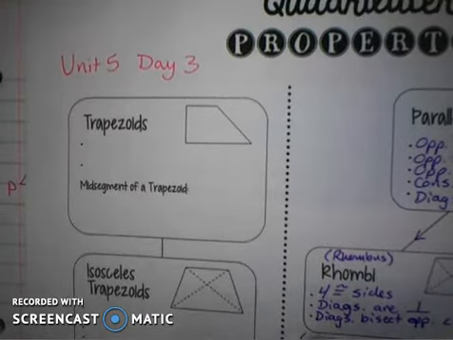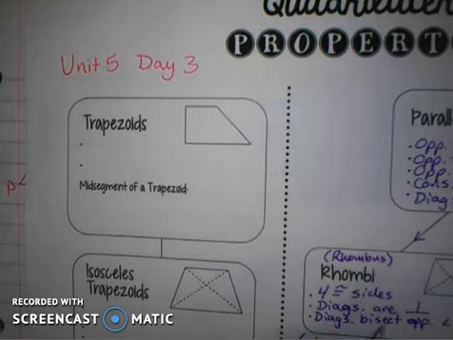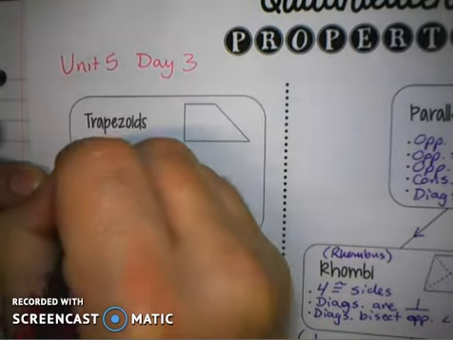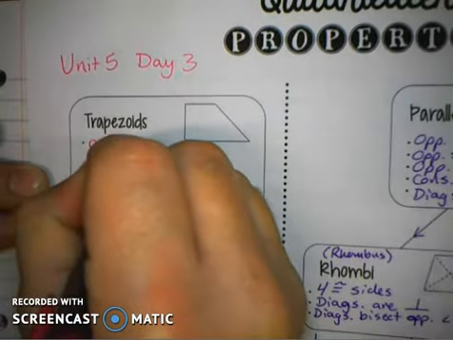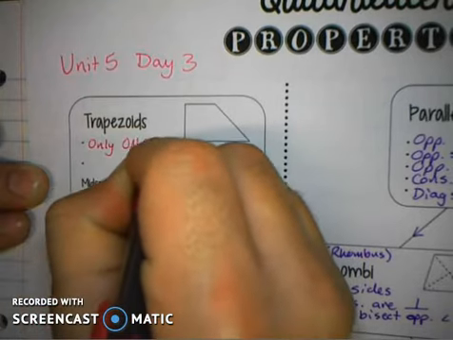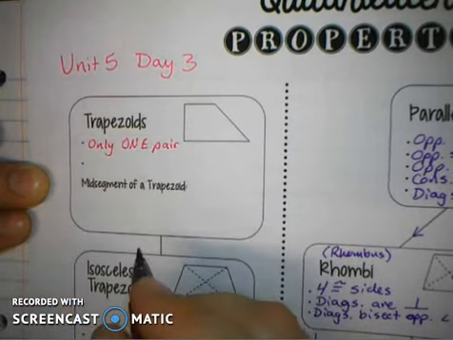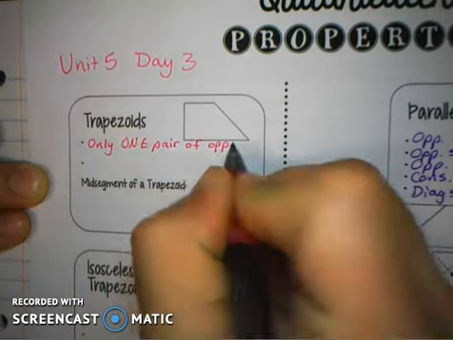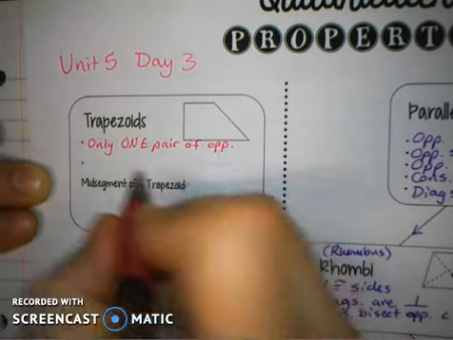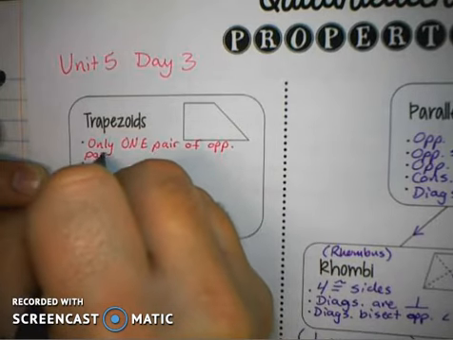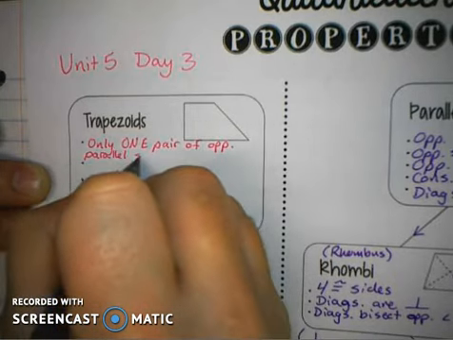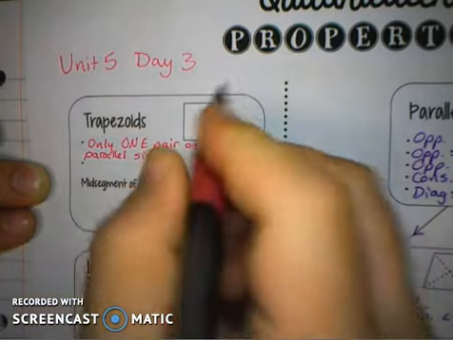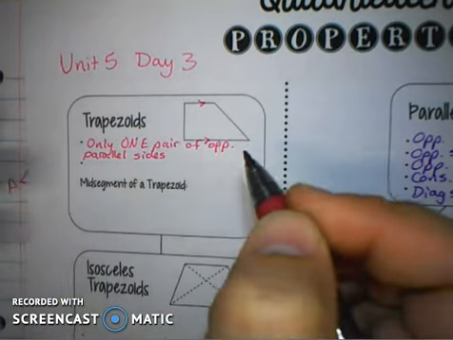A trapezoid, first of all, is not a parallelogram because it has only one pair of opposite parallel sides. Okay, there's only one pair of opposite sides that are parallel.